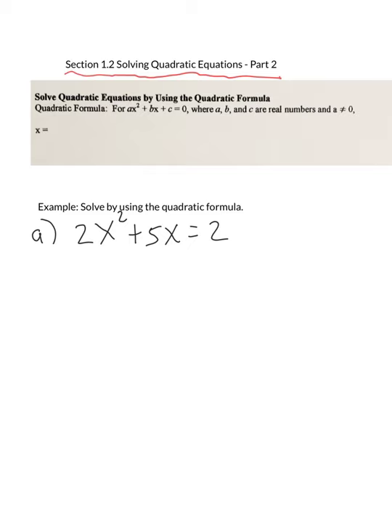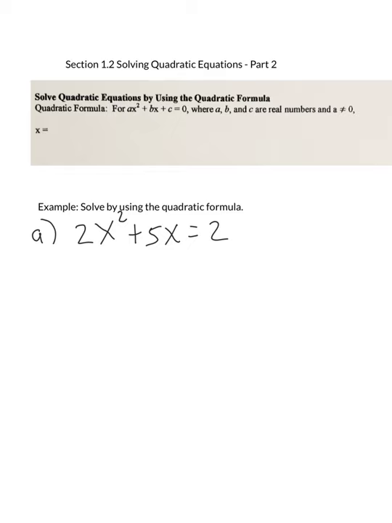method, let's say you really dislike factoring, what you can always use for a quadratic equation is the good old quadratic formula. The quadratic formula says when you have that quadratic equation in standard form, so you have some number a times x squared plus some number b times x plus c equals 0, where a, b, and c are real numbers and a cannot equal 0, x equals the following formula.